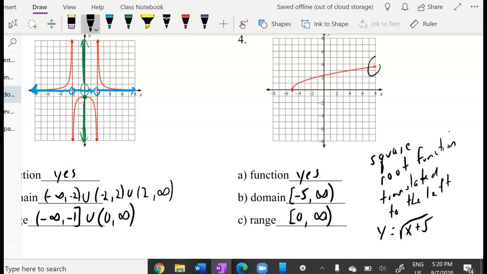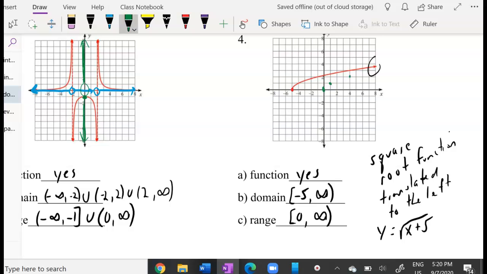Okay, and this is a square root function, in case you recognize the look of the graph. And we can actually be very specific about which one it is, because the square root function has the point 0, 0, and then the square root of 1 is 1, and the square root of 4 is 2. So there's the same pattern that we see here.